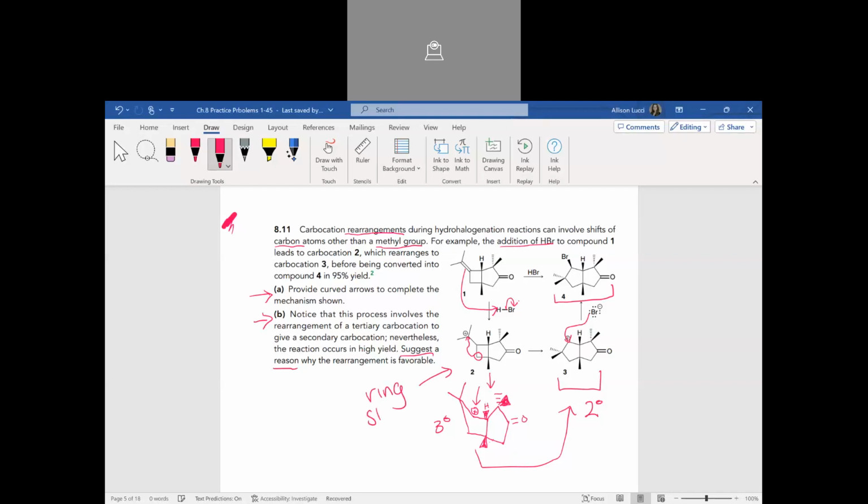We have these bond angles in this cyclobutane structure, this four-membered carbon ring, and that ring strain is relieved when we have this five-membered secondary carbocation, even though we originally could have thought that a tertiary was more stable. But because of that relief of ring strain, that is the reason you should suggest for why this rearrangement is favorable.